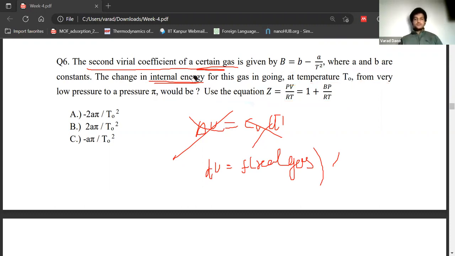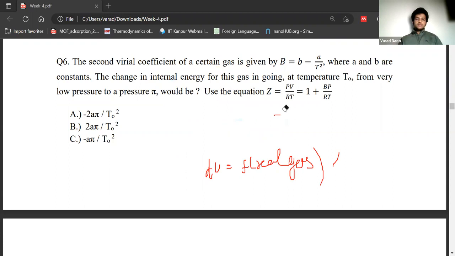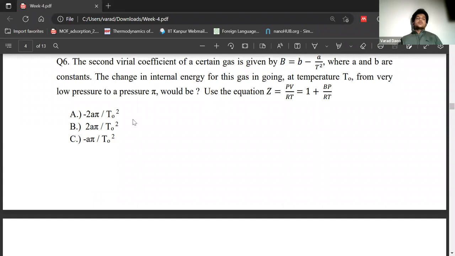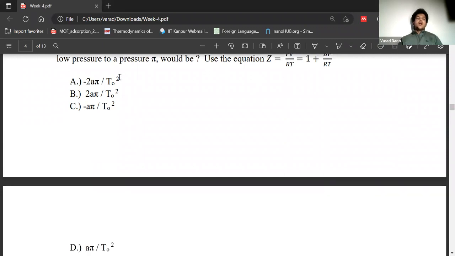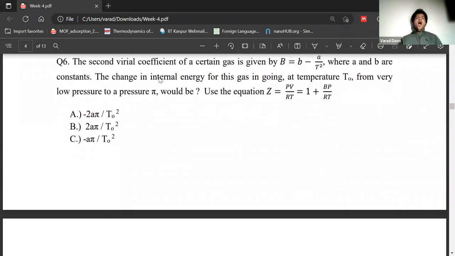So with this background, I hope the question is clear to everyone. If the question is not clear, you can unmute yourself and ask. Otherwise, I'll give you a couple of minutes to solve it. These are the options I have given.